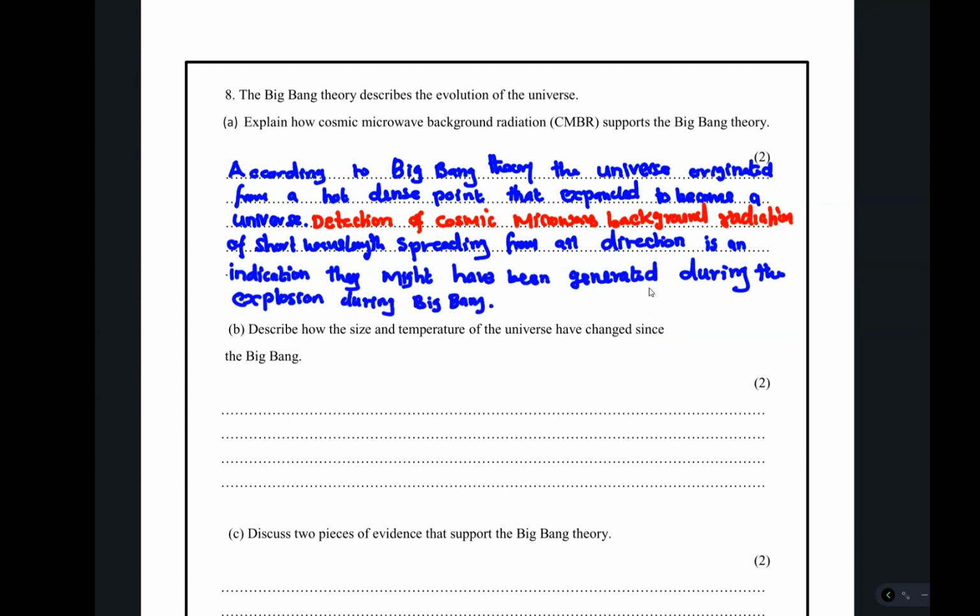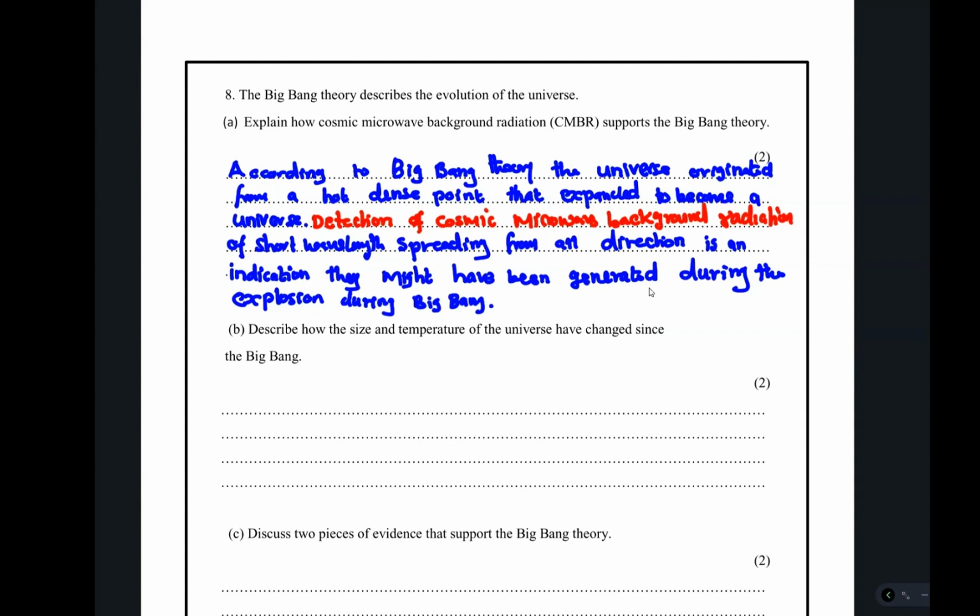So since we are able to detect these cosmic microwave background radiations everywhere in the universe, spreading in all directions, we tend to imagine that they might have been created during the explosion. So this is the evidence.